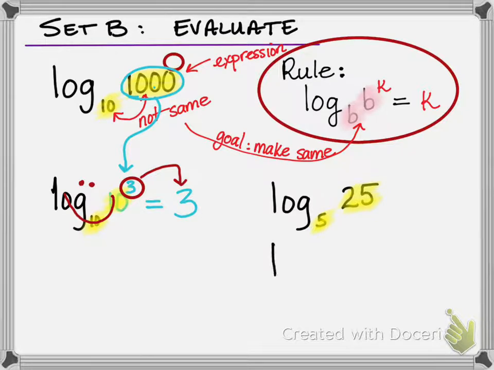Well, I know I have to write log 5. I know I want a 5 here, but how can I write 5 as a 25? Well, 5 to the second power makes 25. So that way, I'm not rewriting anything. I'm not changing the original problem. And now I am super happy because that can disappear because of my log rule. So there's my happy face. And I can say, hey, this is my answer. 2 is my answer. And I'm done.